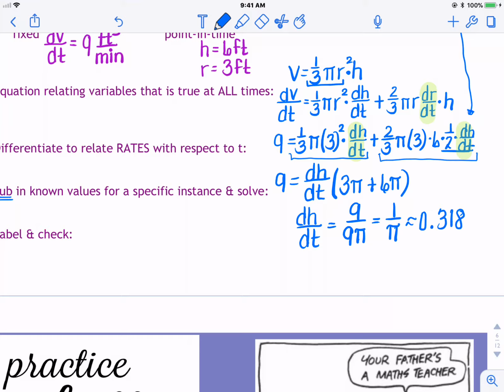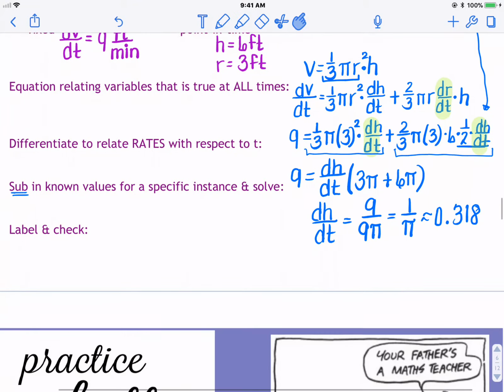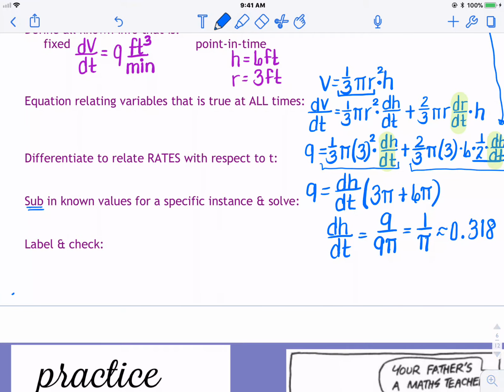Now I want to go back and be sure that I actually answered the question that I was asked to. The question initially was, how fast is the water level rising when the water's 6 feet deep?